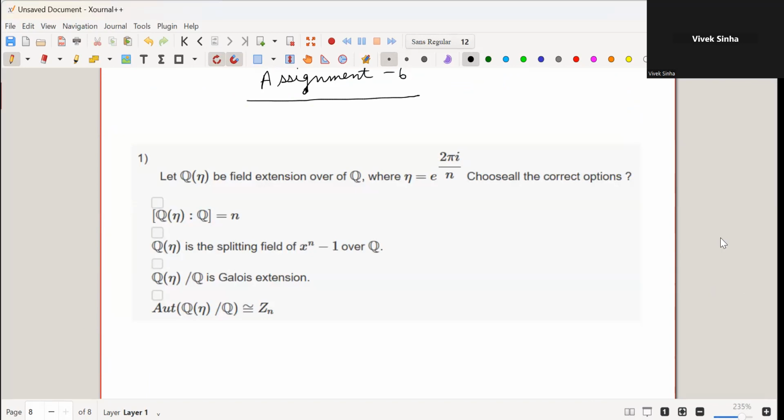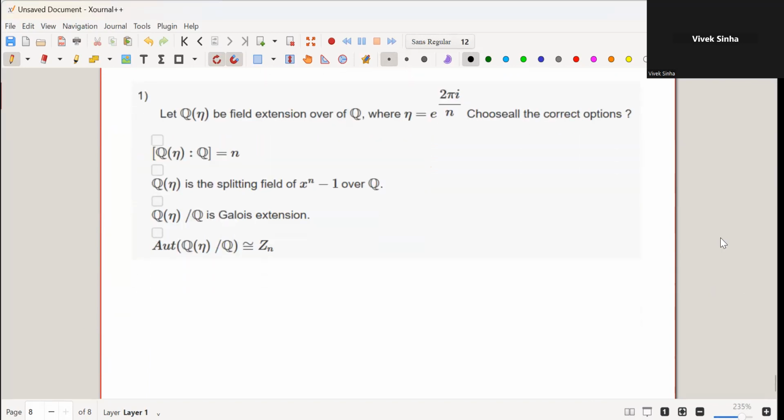So, solution. We can see all the options in one go.